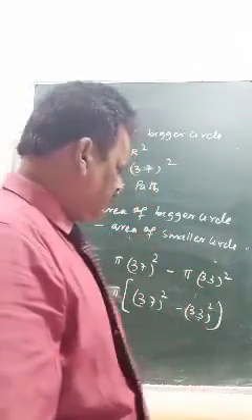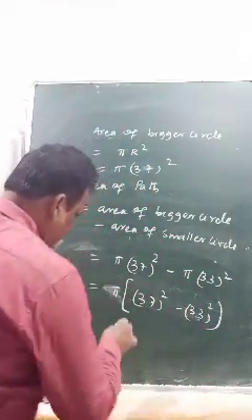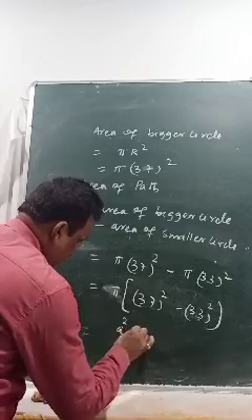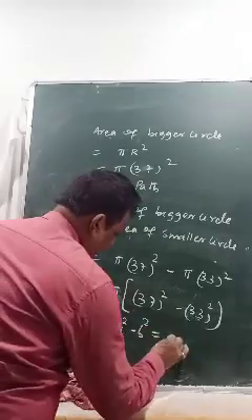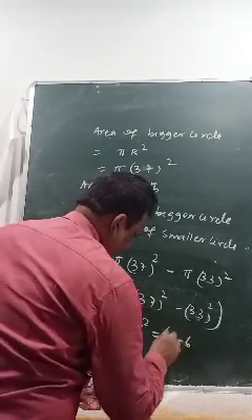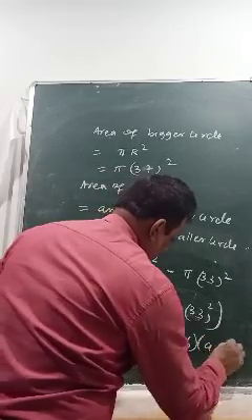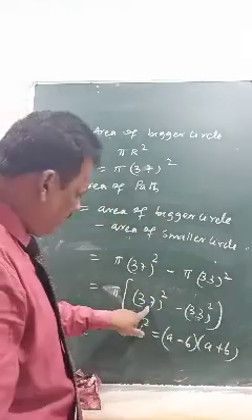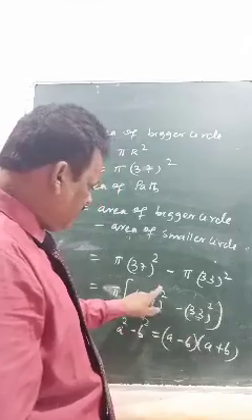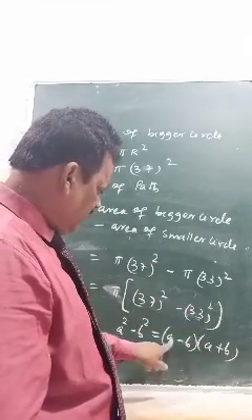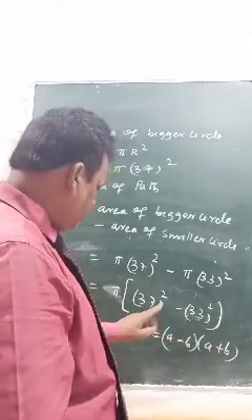Okay? There is a formula. Formula is a square minus b square equals a minus b, a plus b. This is a, this is b. So write this.